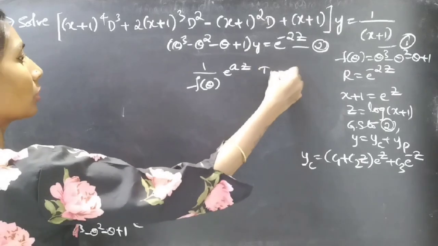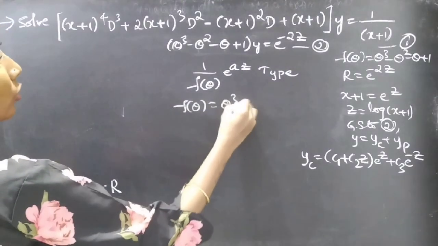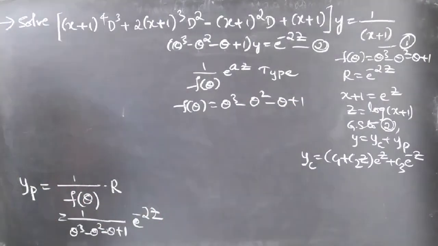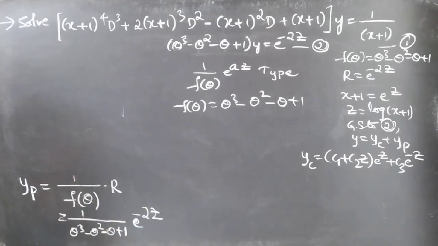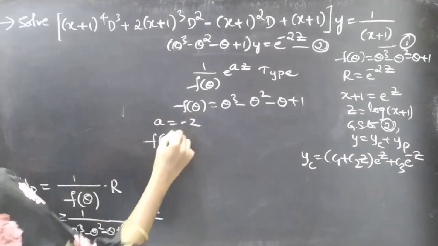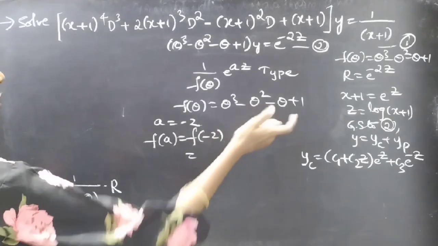Comparing these two, we get a equal to minus 2. So we find f of a, which is f of minus 2. Simply substitute theta equal to minus 2.